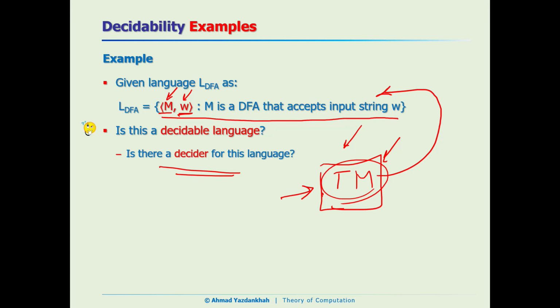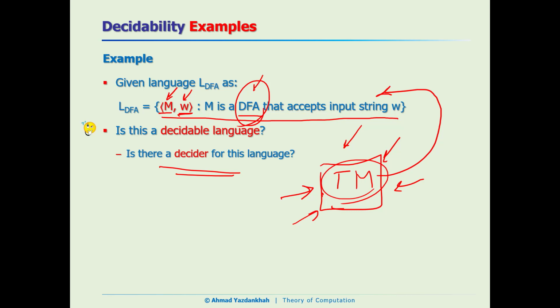How am I sure that this Turing machine does not get stuck in an infinite loop? That's a very good question, right? Because I know that a DFA never gets stuck in an infinite loop. Since DFAs do not do that, the Turing machine that simulates this operation should not get stuck in an infinite loop either.